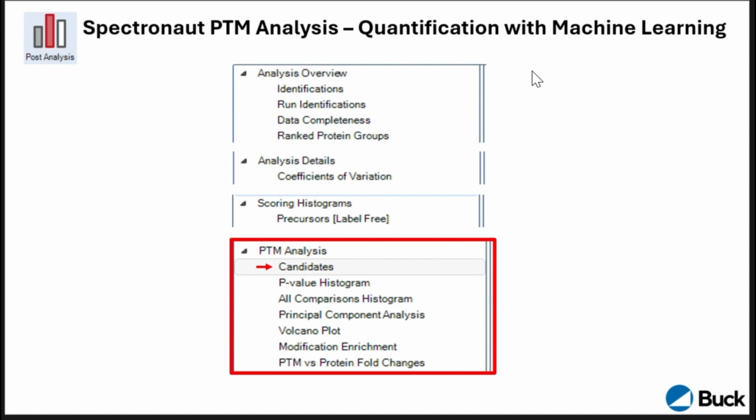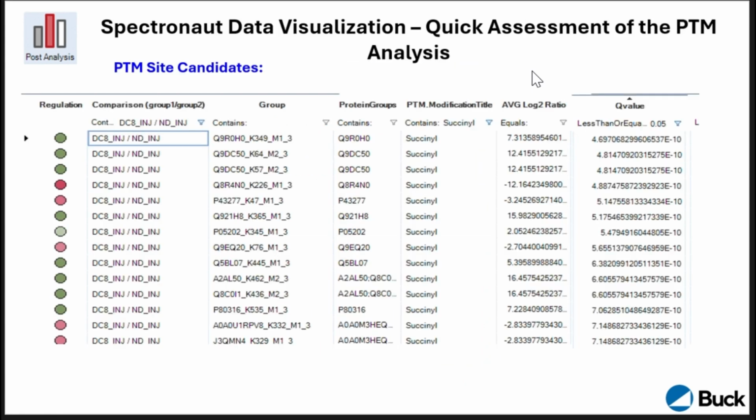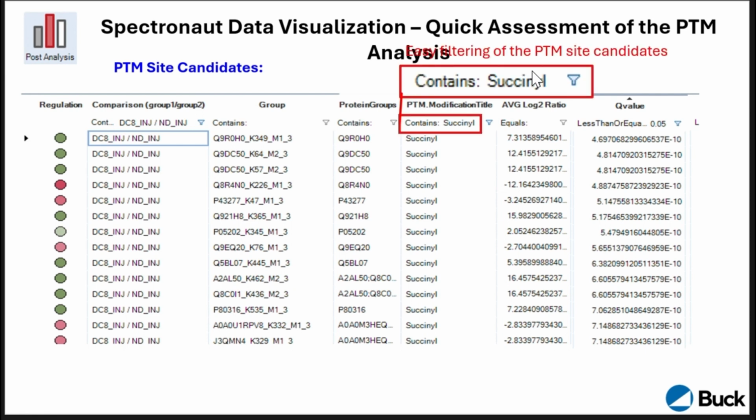You can export everything into Excel, but if you just want to have a quick look, how did my data turn out, and can I just call my collaborator real quick, all the data looked great, you can look at the candidates in Spectronaut. You may be familiar with this. You can have the conditions of your quantification, and then you can even sort the file, your candidates for example, to say, only show me the succinyl.